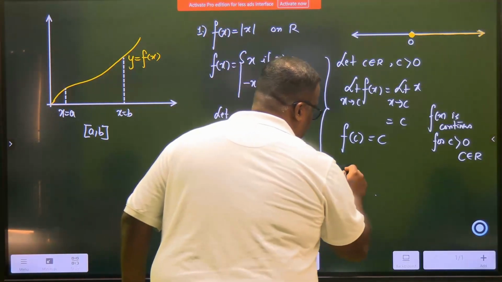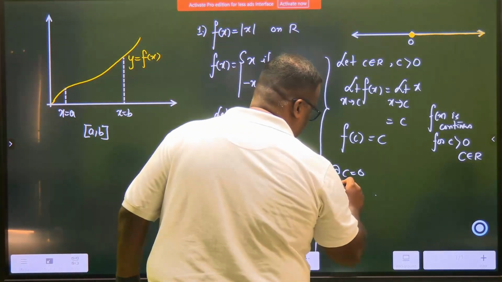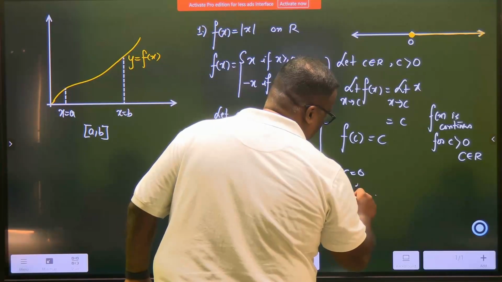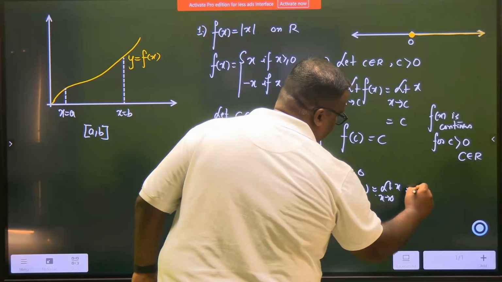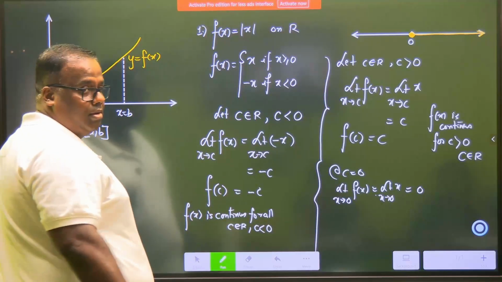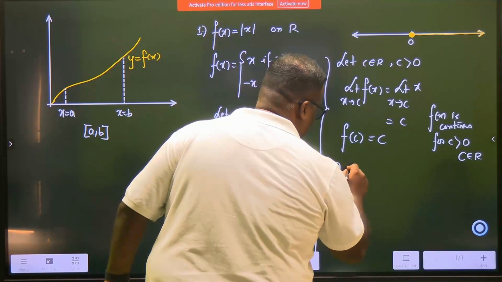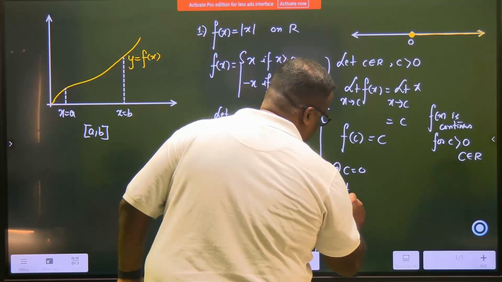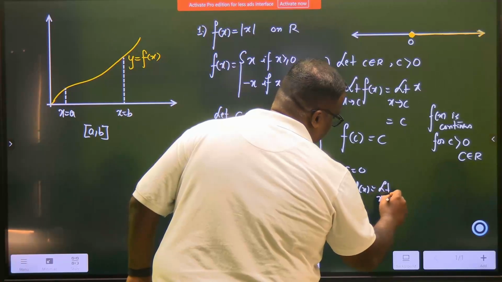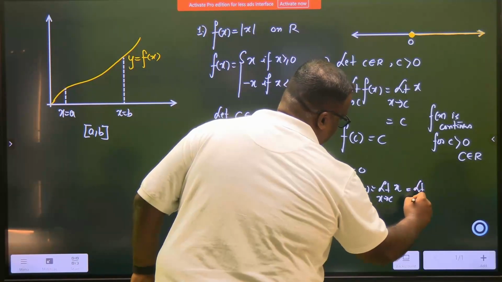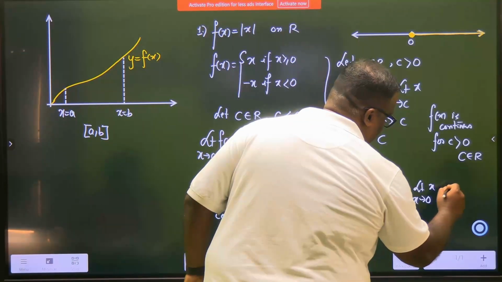Now we say at c equal to 0. At c equal to 0, limit x tends to 0, f of x, you should take it as limit x tends to 0, x, which is equal to 0. At c equal to 0, limit x tends to c, f of x should be equal to limit x tends to c, x, which is limit x tends to 0, and we put here x, which is 0.